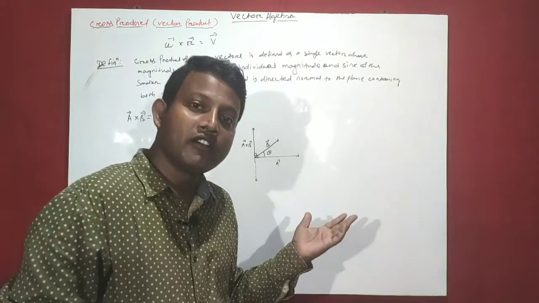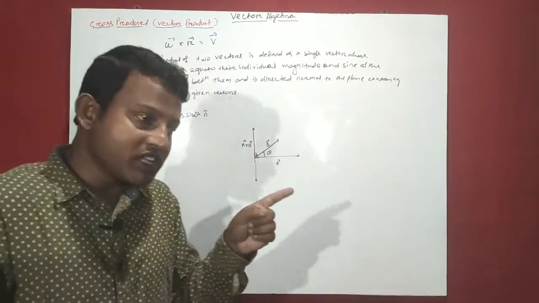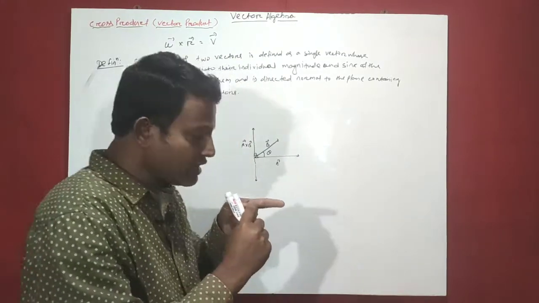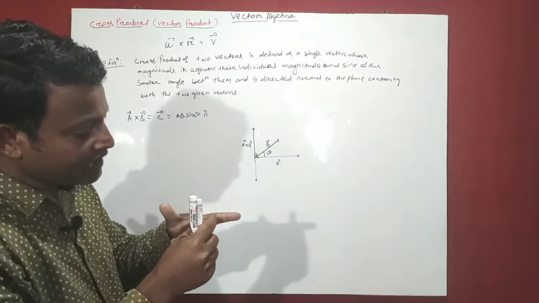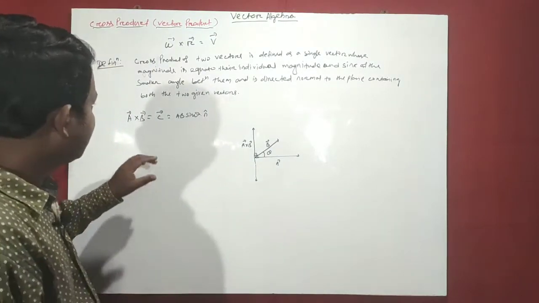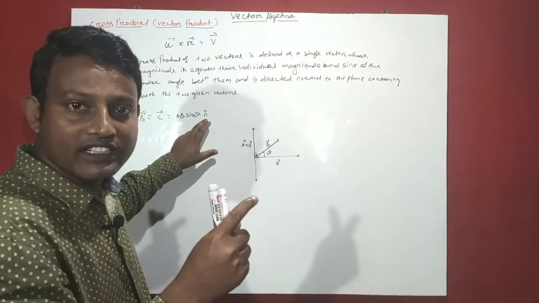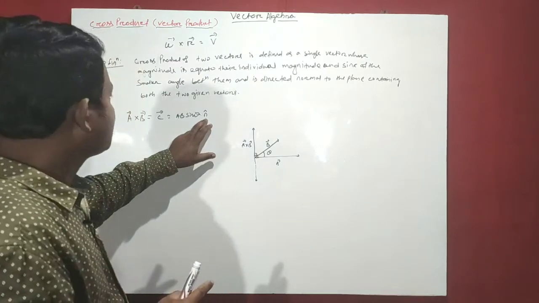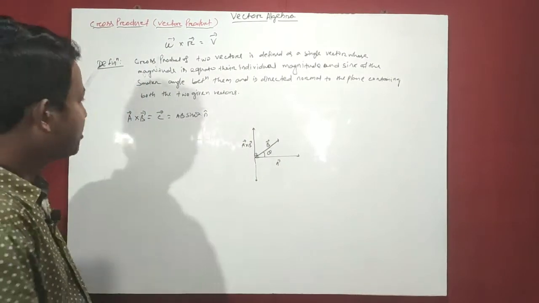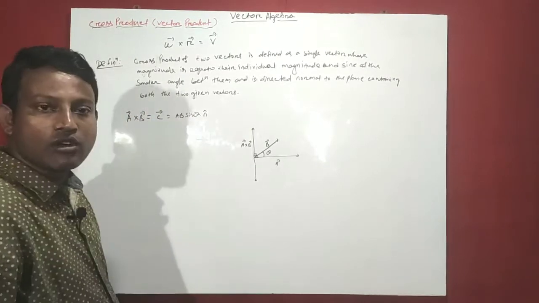We can always find a unit vector of that vector. The unit vector is always along that vector, but having unit length. That means the magnitude of n cap is 1. So it does not affect the magnitude AB sin theta, because when we multiply by 1, the magnitude remains only AB sin theta.